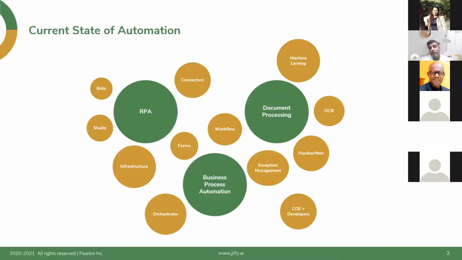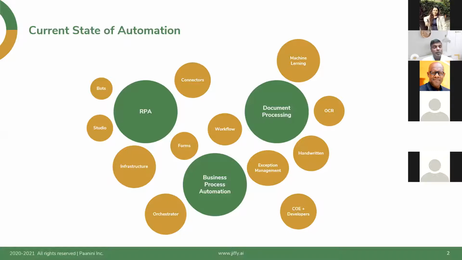We are working with a large manufacturer in India who are trying to implement workflow using our platform, because you don't necessarily need to invest in a large BPM platform asset, as all of these technologies are coming together.